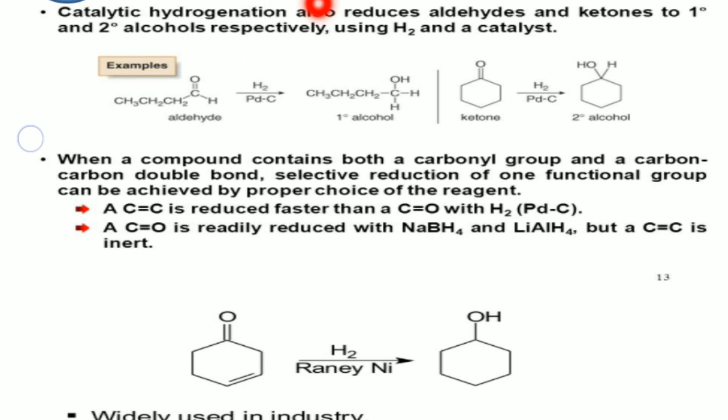When a compound contains both a carbonyl group and a carbon-carbon double bond, selective reduction of one functional group can be achieved by proper choice of the reagent. A carbon-carbon double bond is reduced faster than the carbon-oxygen double bond with hydrogen in the presence of palladium. Here one aspect is hidden. In this particular reduction, we already saw that sodium borohydride and lithium aluminum hydride can reduce only the C double bond O bond of aldehyde or ketone.